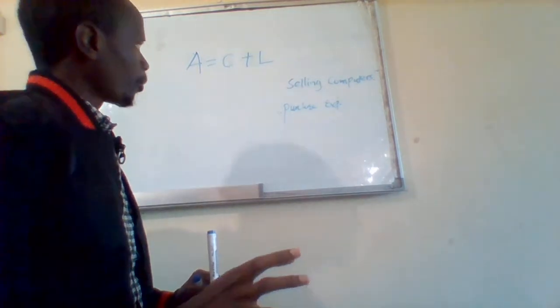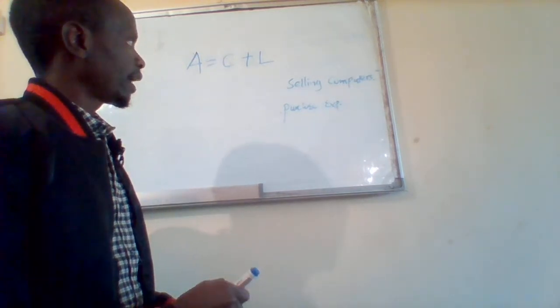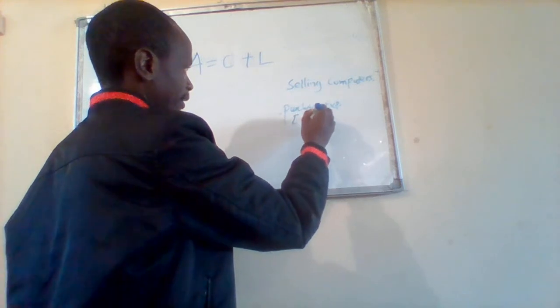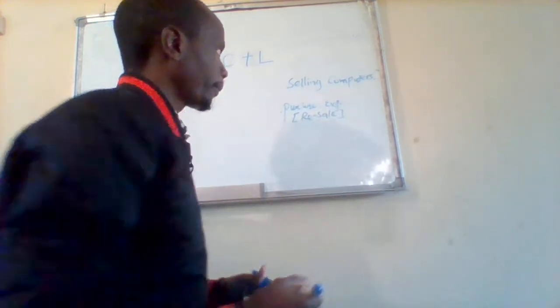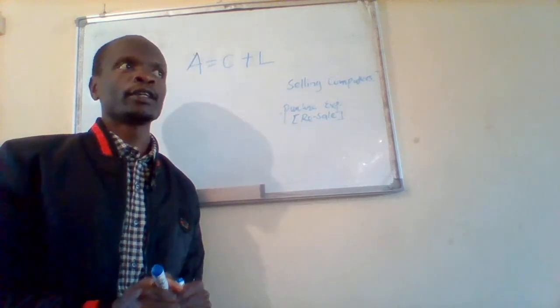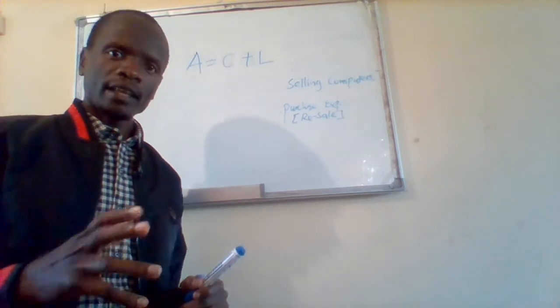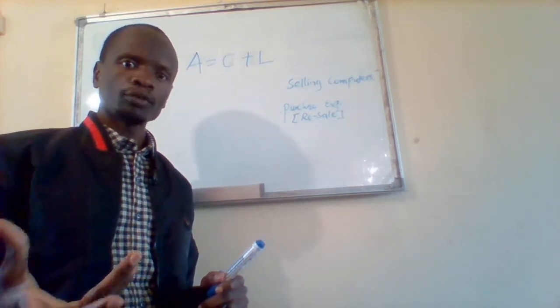So when you buy a computer for resale or any stuff for resale, that is a purchase expense. So the key word here is for resale. If you buy anything for resale, that is a purchase expense, not an asset anymore, even if in other situations it could be an asset. So let me give you an example. Toyota Kenya.